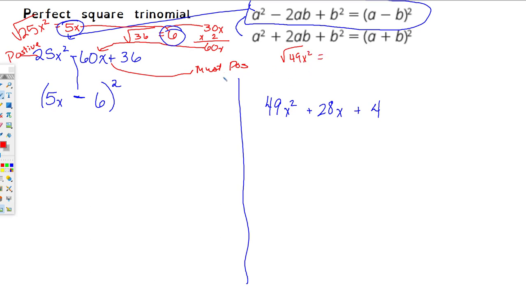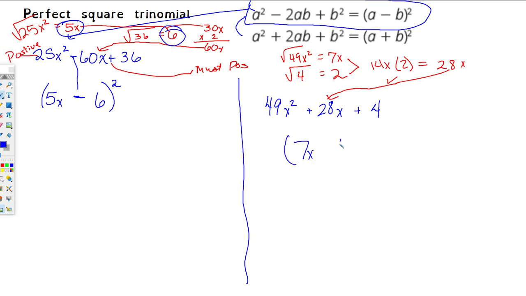Yes. And that would give me 7x. Can I take the square root of 4? Yes, 2. What is the product of those two? 14. I multiply it times 2. Do I come up with 28x? Yes. And so that means this trick is going to work.